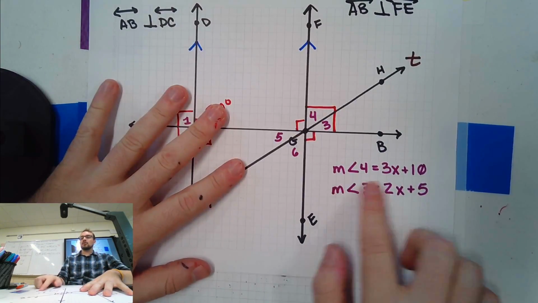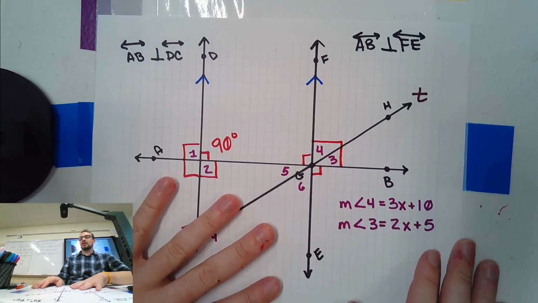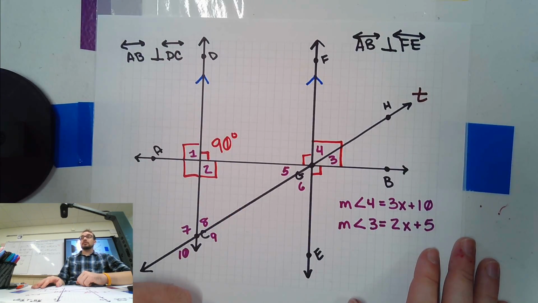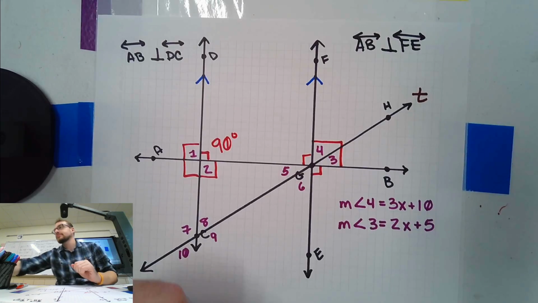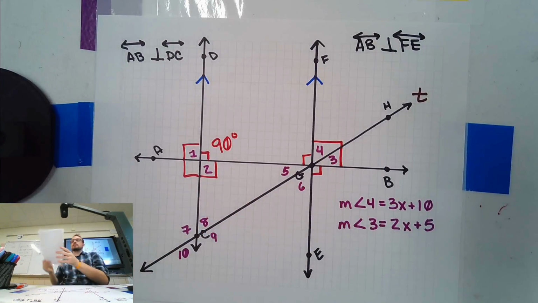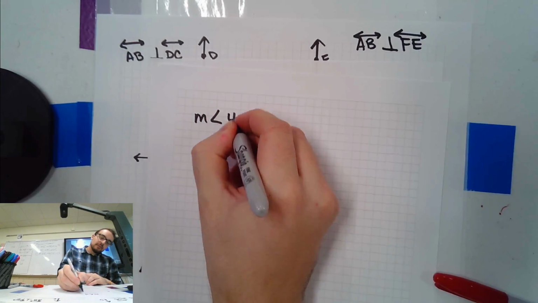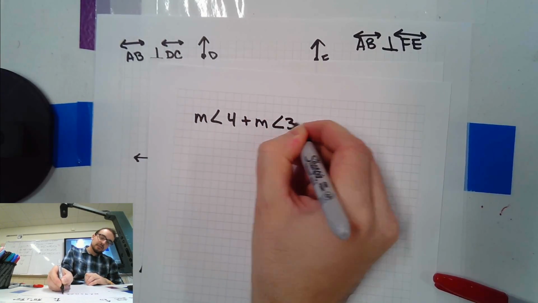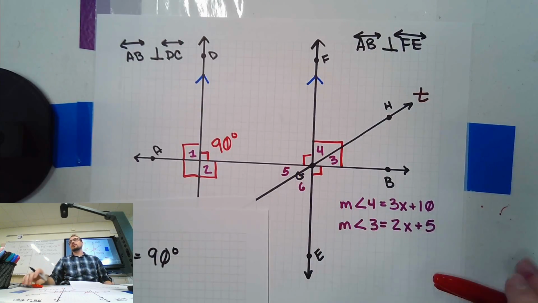Now, luckily, they give us an equation to describe both those angles. So I know not what angle 4 equals or what angle 3 equals, but I do know what they equal when you add them up. So if I add 3 and 4, I should get, not 180, 90. So if I write that, measure of angle 4 plus measure of angle 3, I know equals 90 degrees. Why? Because they're perpendicular, right? We have a 90-degree angle there.